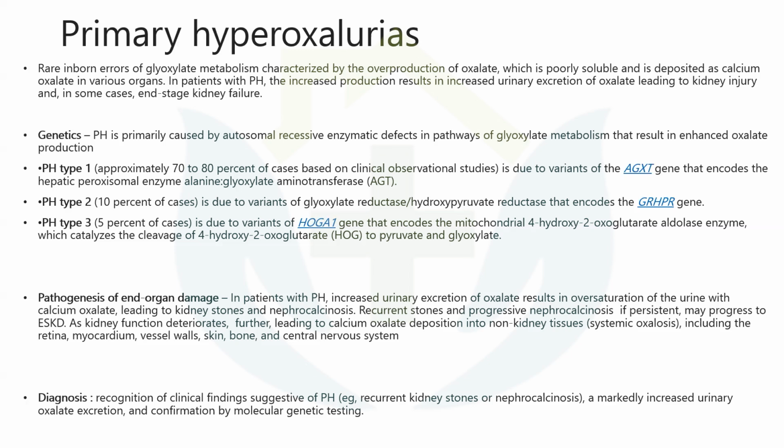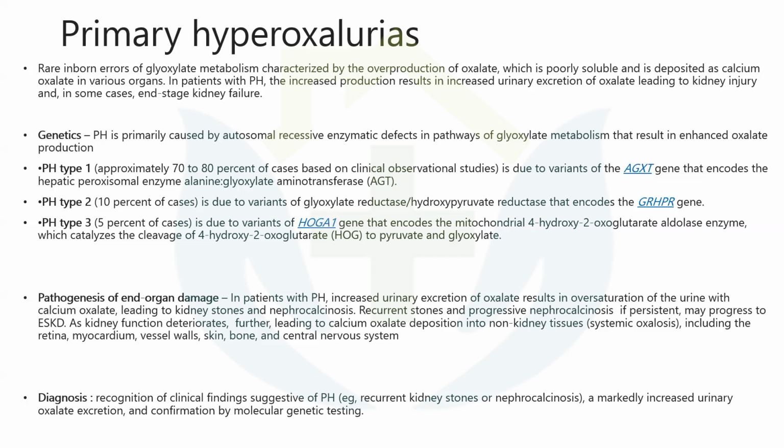There are three types, based on the genetic variant, as there are different genes which encode the enzymes for this metabolic pathway. So based on that, there are three varieties.